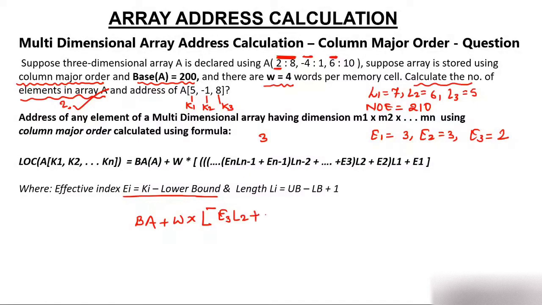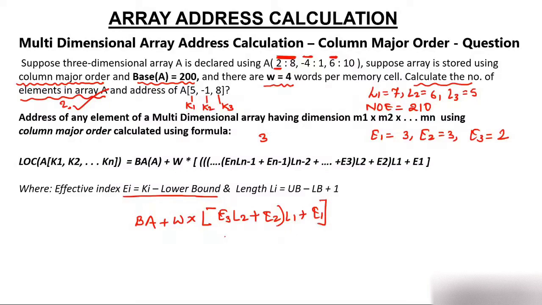Then En minus 1, again E2, then Ln minus 2, put n value 3, 3 minus 2 is 1, L1, plus E1. Now multiply with L0. There is no concept of L0, so our formula will stop over here.